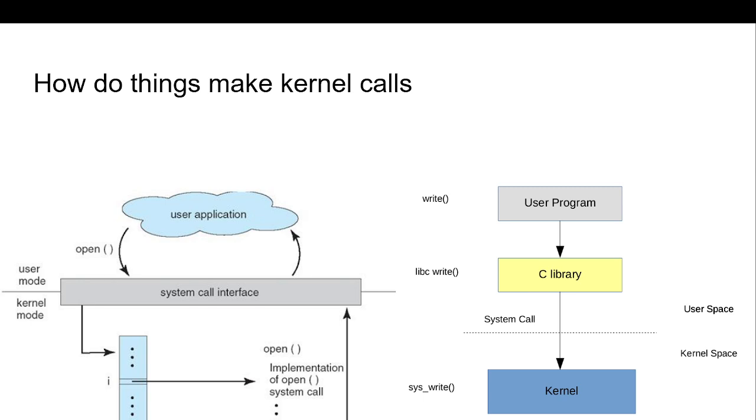How do things make kernel calls? A kernel call is the same thing as a system call, right? When a program wants to commit or execute functionality with the hardware, it needs to make a kernel call. The way that actually works is not awfully complicated, but it's a little bit weird. The example I always go back to is in Linux, if you run the ls command, it's going to go to the libc wrapper, which is the standard C library within Linux.